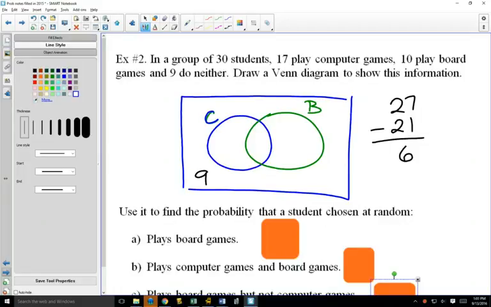So what he's saying is if we take the 17 that play computer games and the 10 that play board games, we know that we've counted some people twice. When we add those up, we get 27. But it's supposed to only be 21. So there's been 6 people that have been counted twice because we're over by 6. Okay?